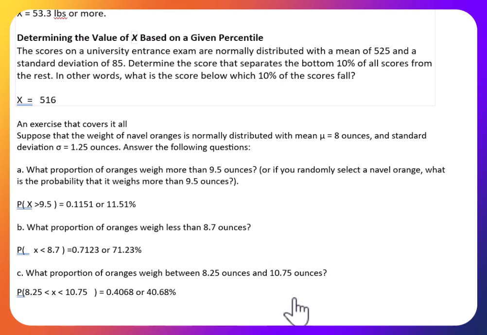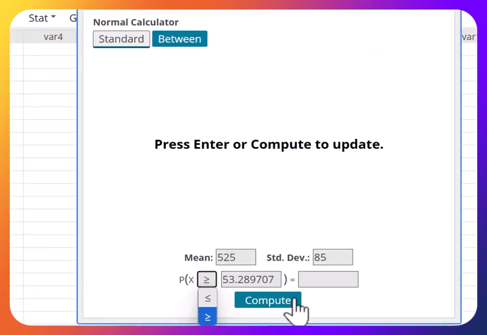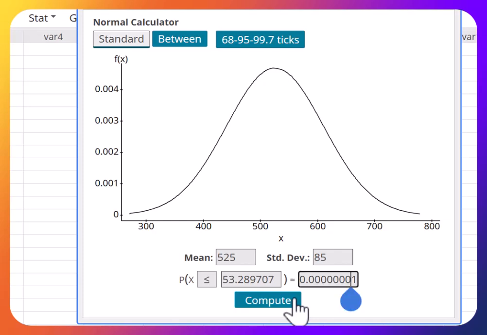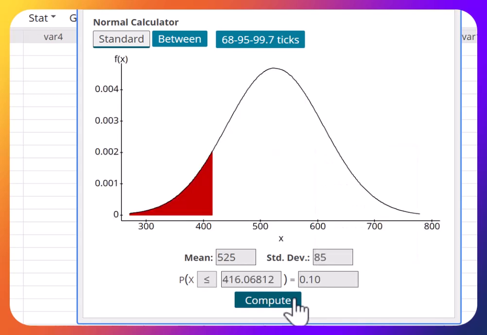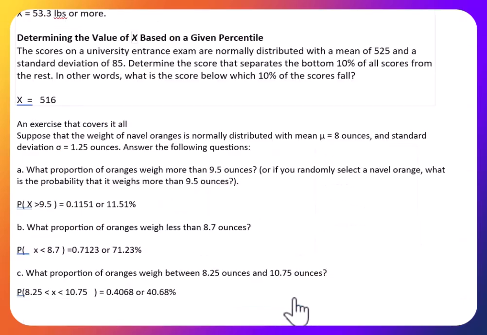Bottom 10% means it's an area to the left. So when I go back to StatCrunch, rather than greater than, I have to use less than, and my area here is going to be 10%. It gives you the x value right there: 416. I put 516 here, but it should be 416.